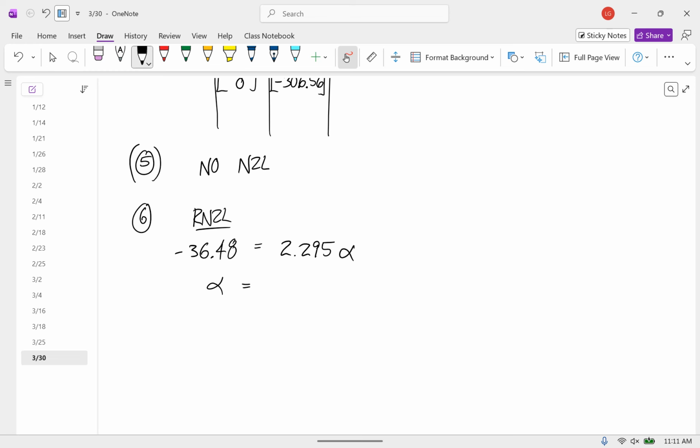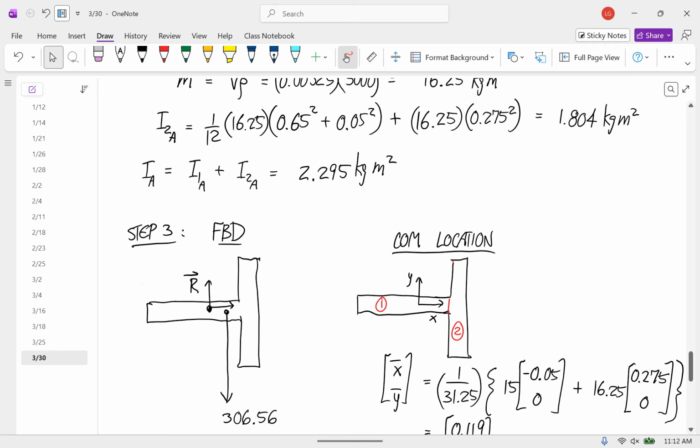And so alpha is negative 15.90 radians per second squared. Does it make sense that the angular acceleration would be clockwise here? If you look at this problem? Yeah, the weight force is pulling on it to make it rotate around the pin clockwise.